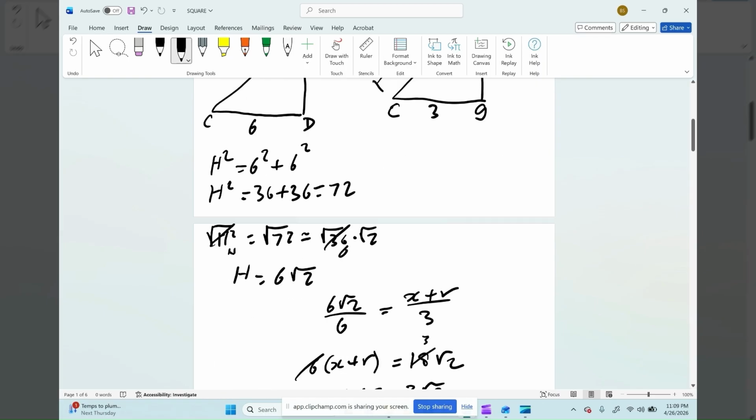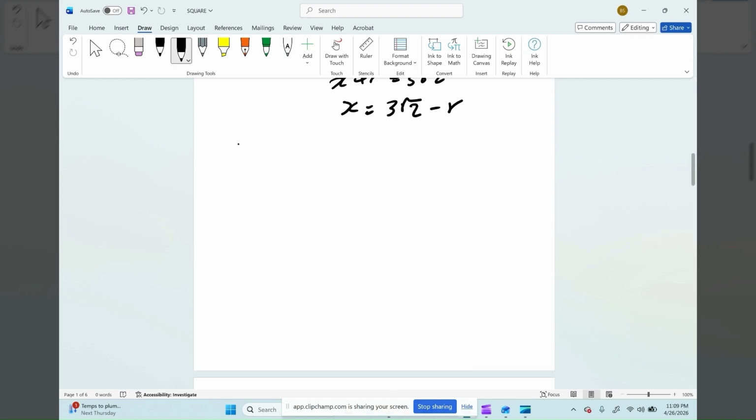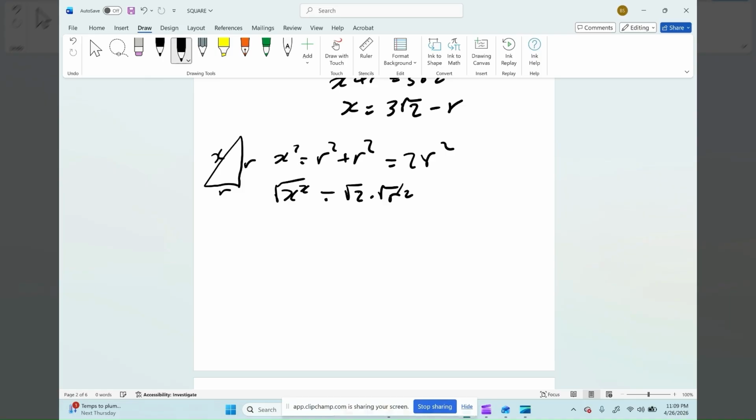We have this smaller triangle, with R, and we see this X. Therefore, X squared is equal to R squared plus R squared, which is equal to 2R squared. And therefore, the square root of X squared is equal to the square root of 2 times the square root of R squared. It becomes R, it becomes X. Therefore, X is equal to R square root of 2.